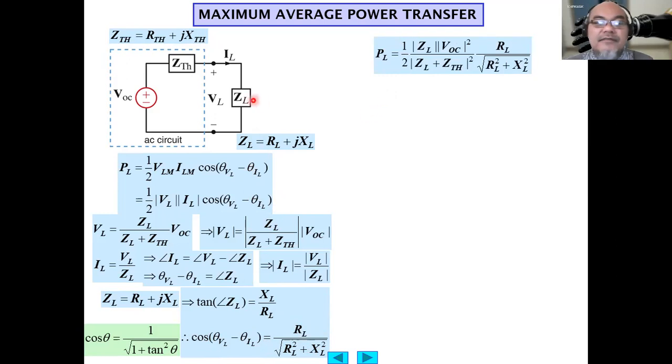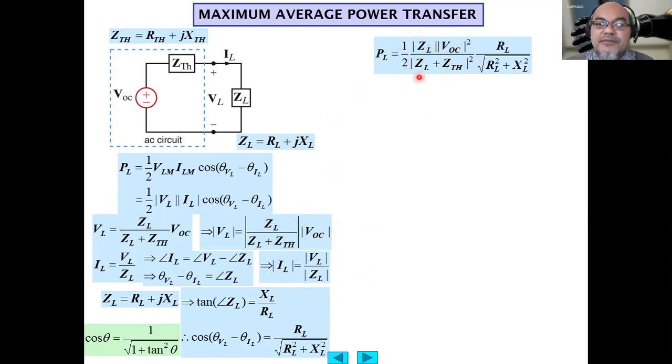Then the average power at the load is calculated from this formula. VL is obtained from here, so this equals ZL divided by ZL plus ZTH times VOC, multiplied by RL. We insert VL again, so the ZL plus ZTH denominator is squared, and VOC is also squared.